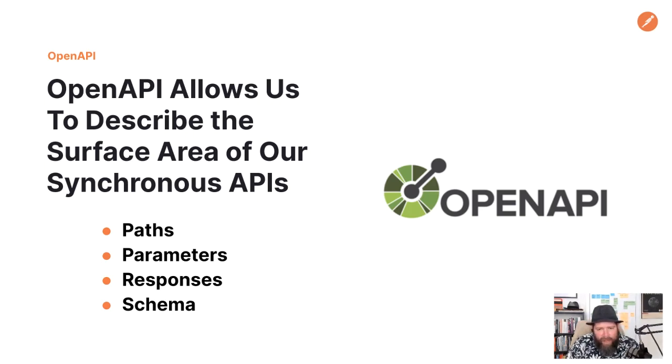So OpenAPI provides a machine-readable JSON or YAML way for us to describe what our HTTP 1.1 APIs do, and allows developers to then use that specification at different points of the API lifecycle, which we'll talk more about in a little bit.